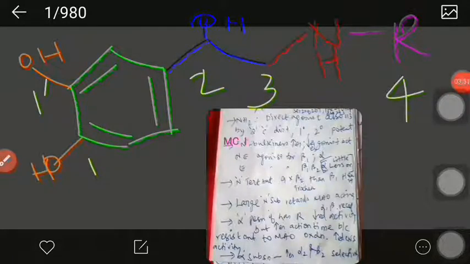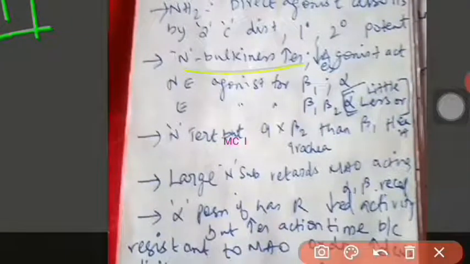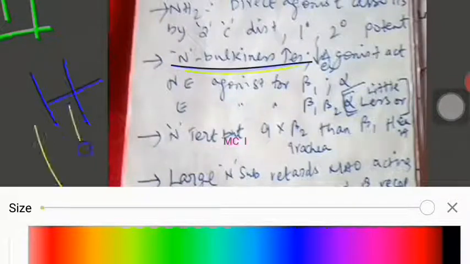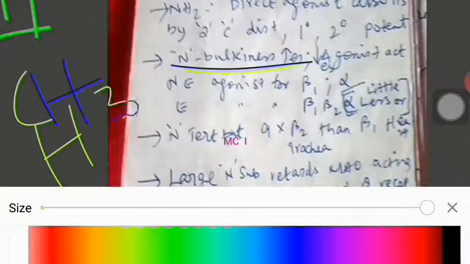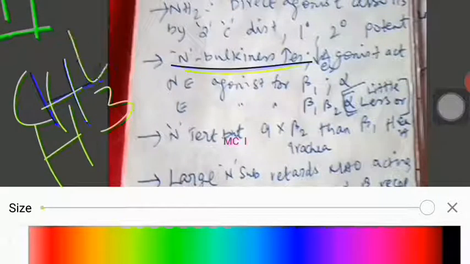Now, coming to this: if the bulkiness of the nitrogen group is increased, that is what I told, instead of hydrogen, if you take CH3 or tertiary butyl group, then the activity is decreasing at alpha, but increasing at beta.